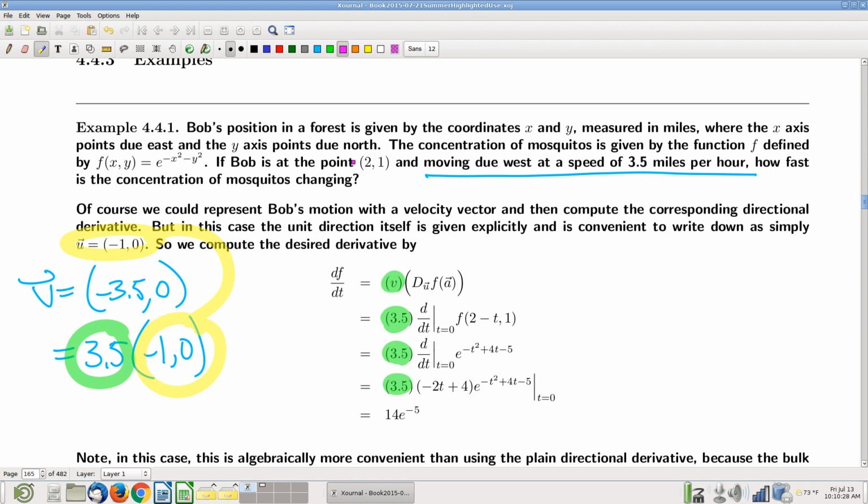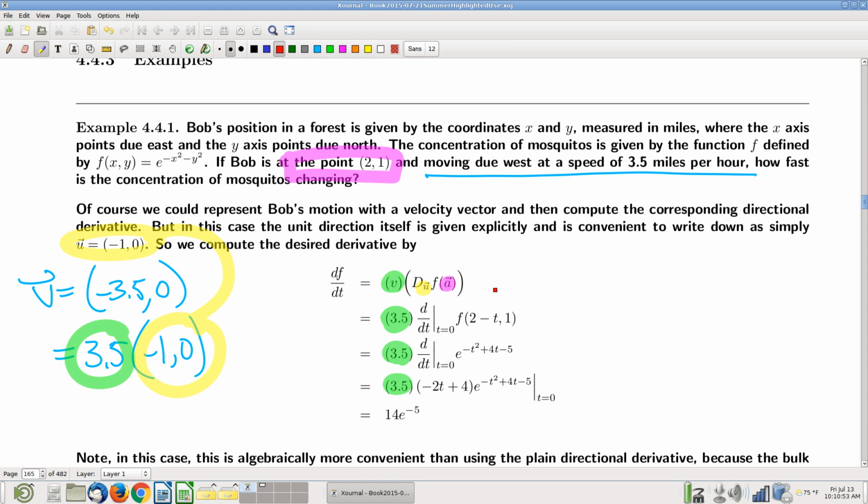Our starting point, (2, 1). Plug that in. I've got to take our unit velocity, that was in yellow, and put those together to make our parametric curve. So the parameterization of our hike is given in red there.